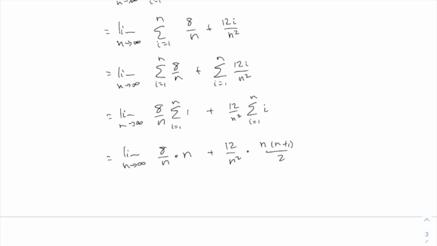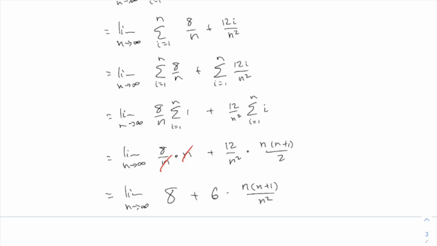Right? Those n's cancel this 8 over n times n, so we're just going to get 8 at the beginning there. 8, and then plus, this is going to be 12 over 2, which is 6, and then the n stuff is this. And when I take the limit, that fraction of n's becomes 1.